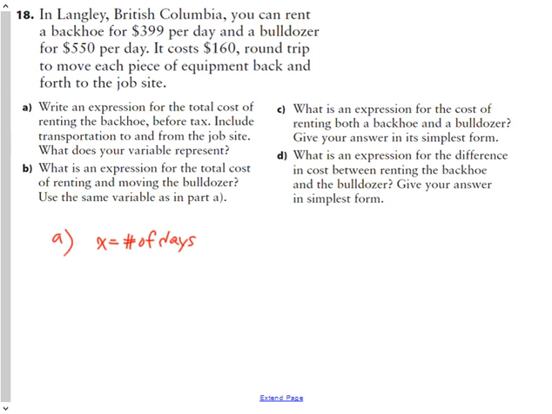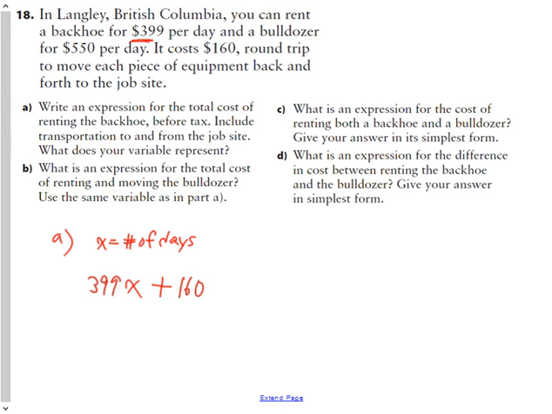So the first thing I'm going to do is define my variable, number of days rented. Now, if it costs $399 to rent that backhoe, it is going to be $399 multiplied by the number of days. So I'm going to use 399 as a coefficient in my algebraic expression. 399 multiplied by the number of days plus that $160 it is going to cost for a round trip to get the backhoe there and back, no matter how many days you rent it for.